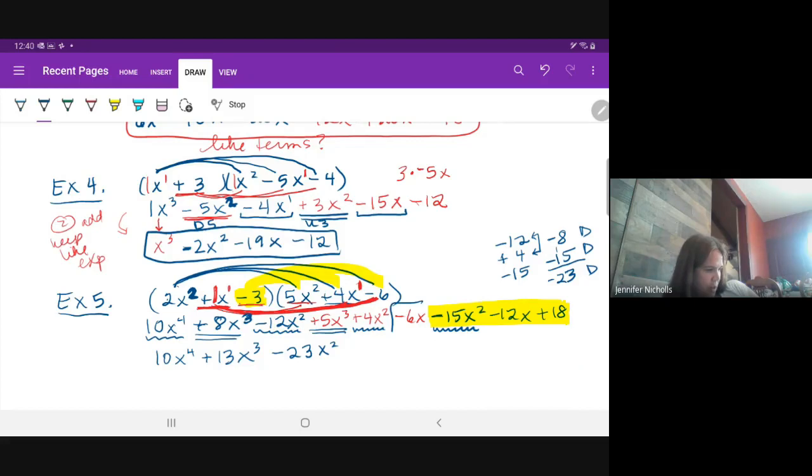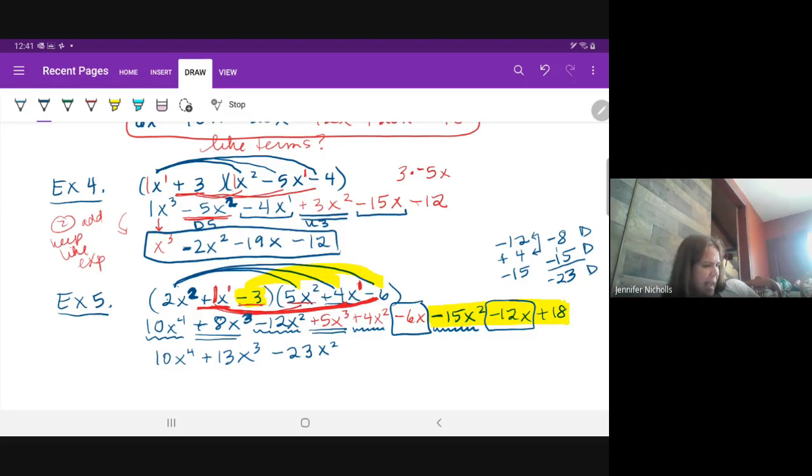Okay, and then I have this one and this one. Okay, what about negative 6x and negative 12x? I agree. The 12x is a like term with the 6x.